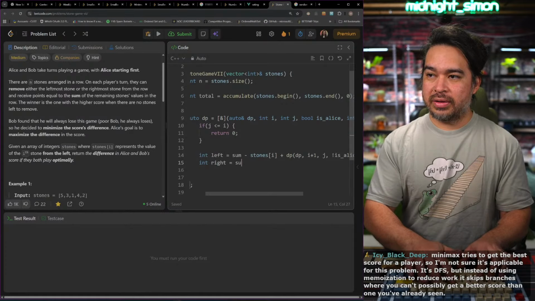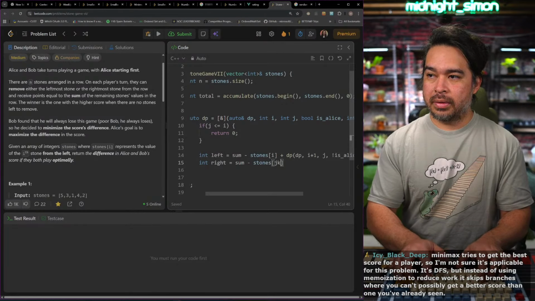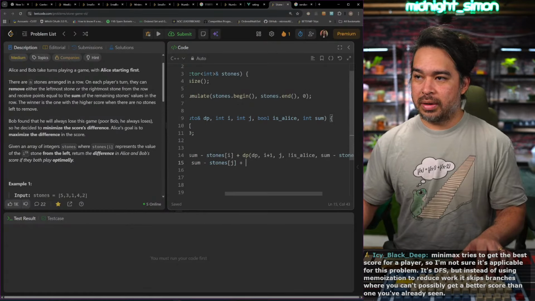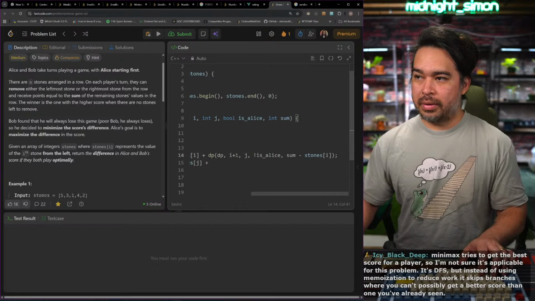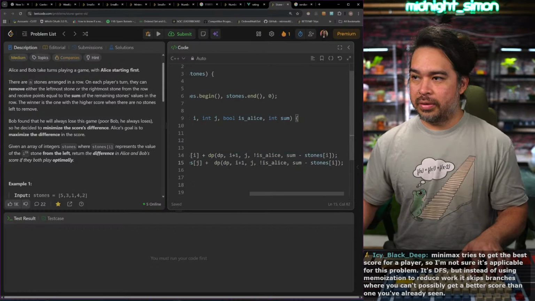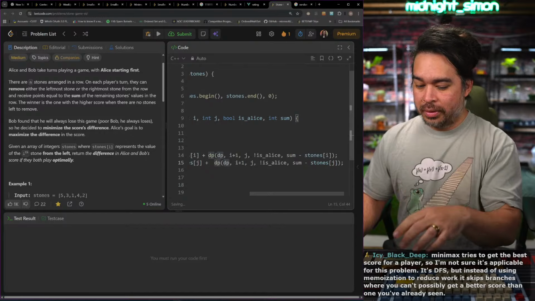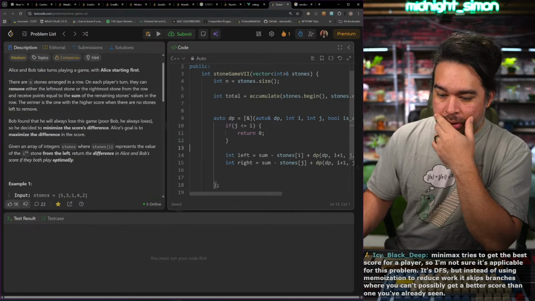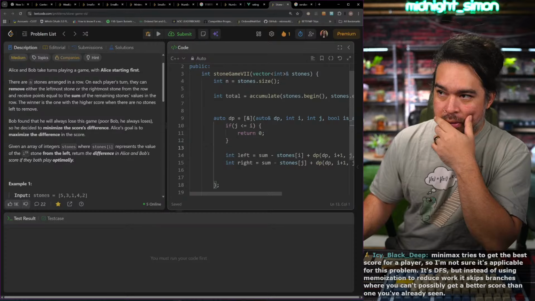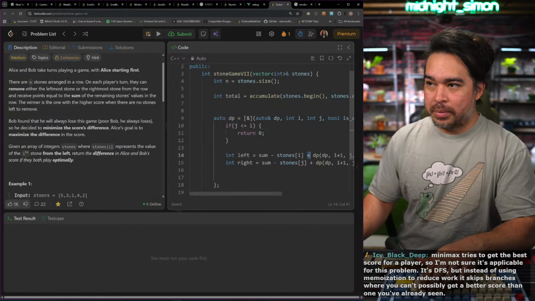So if we took the right stone, then we do all of that. You just subtract this.